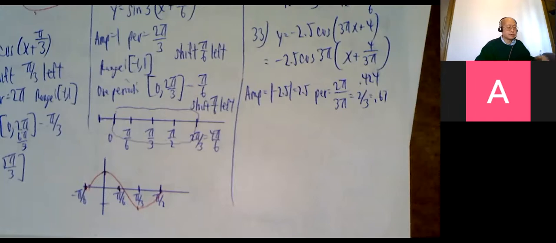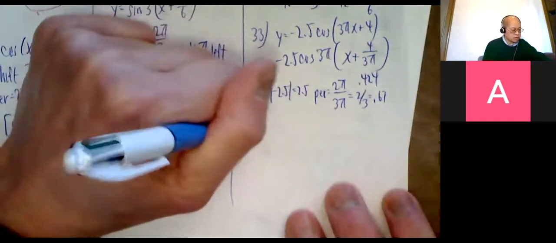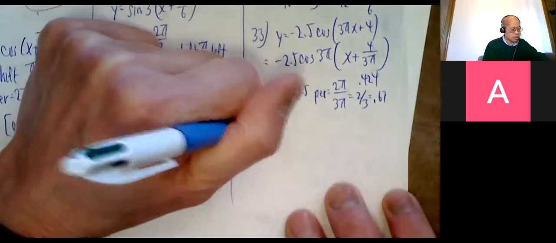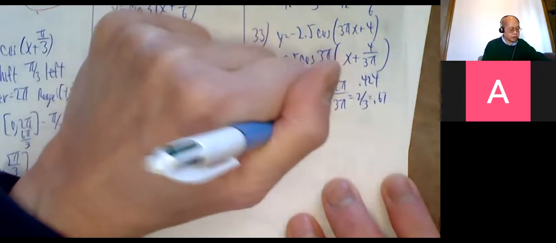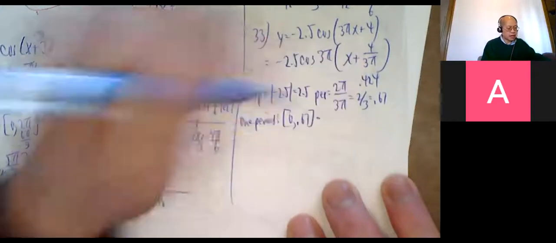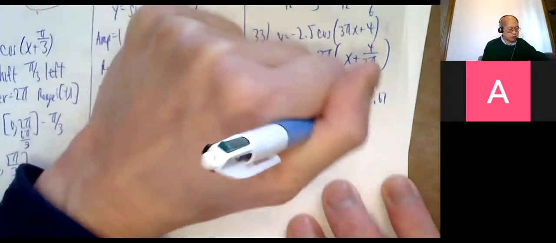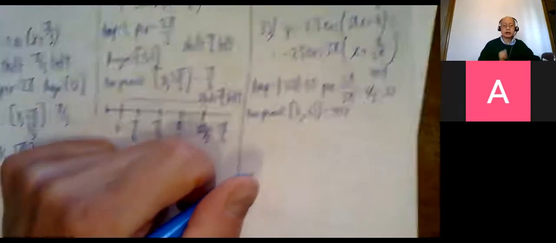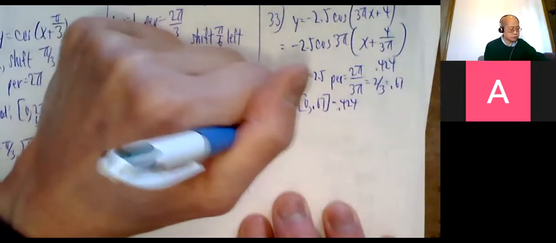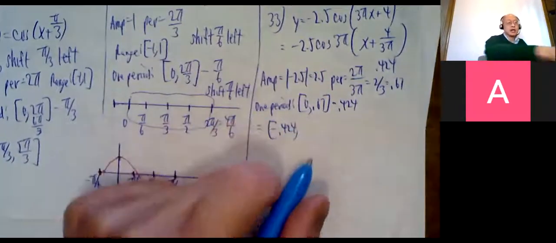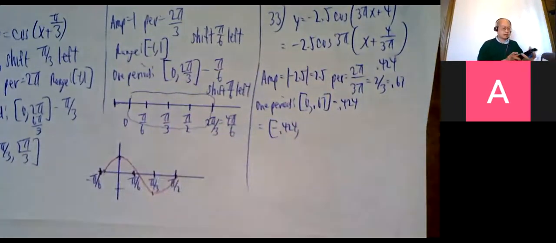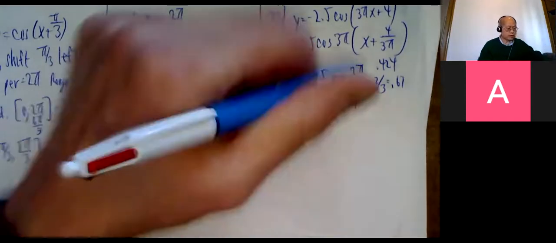So for one period, it is from 0 to 0.67, except I have to subtract 0.424, which is very awkward. So this is negative 0.424. And then what is 0.67 minus 0.424? 0.246.